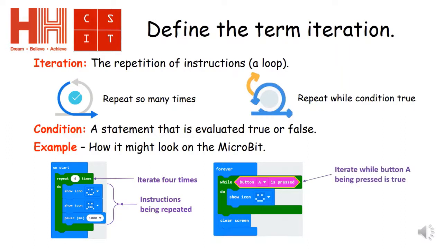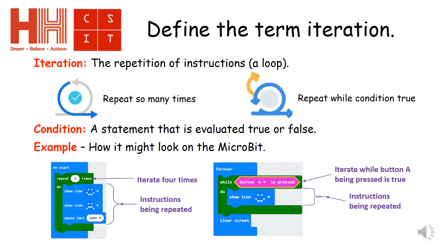For the second code, we're going to iterate while the condition button A being pressed is true. So if we press button A, we will have a happy face. If not, then the screen will be clear. Now, in this particular piece of code, we've used a forever block in order to keep the code running all the time.